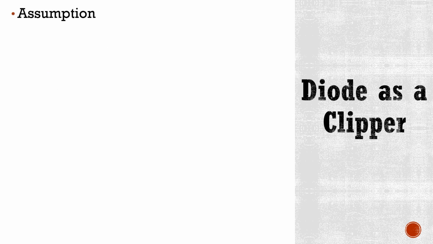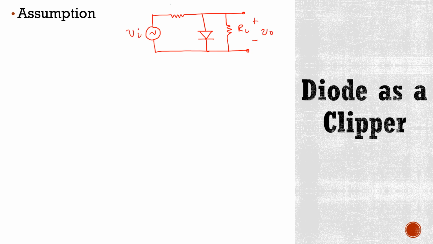From our previous lecture, we know that this is the configuration of a parallel or shunt clipper circuit, where this is RL, here we have V0, here we have Vi, and this is R1.